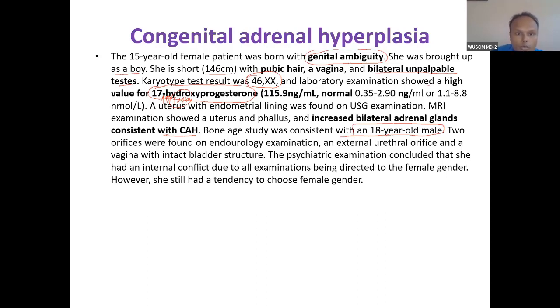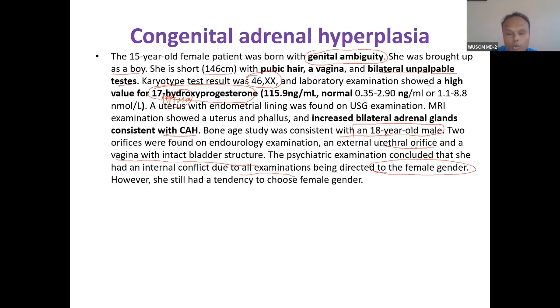Two orifices were found on endourology examination, an external urethral orifice and a vaginal orifice with intact bladder structure. Psychiatric examination concluded that she had an internal conflict due to all examination being directed to female gender.